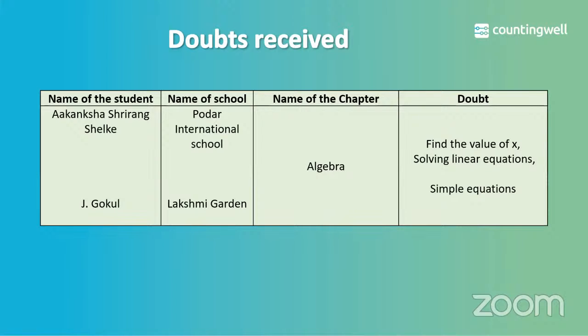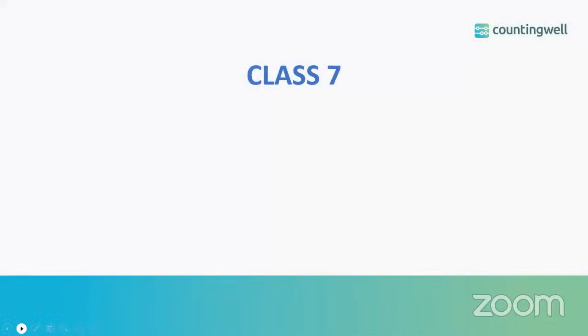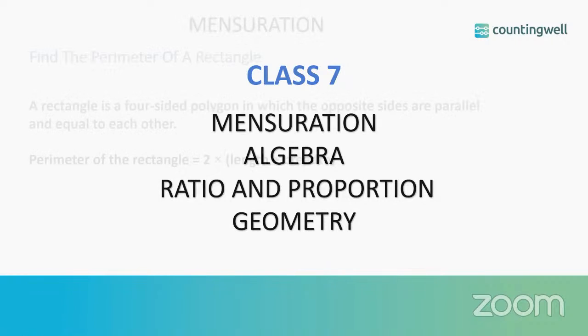Then J. Gokul is having doubt on simple equations. J. Gokul is from Lakshmi Garden School. So both of you just stay tuned to the session as we are going to clear your doubts while we are revising this previous knowledge concepts from the chapters mensuration, algebra, ratio and proportion, and geometry.